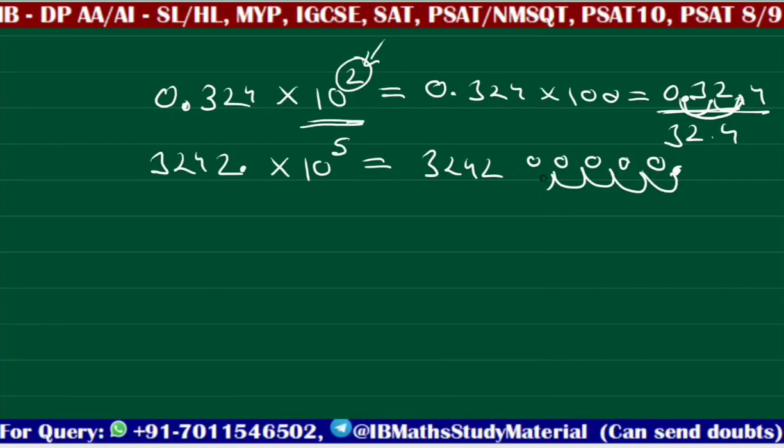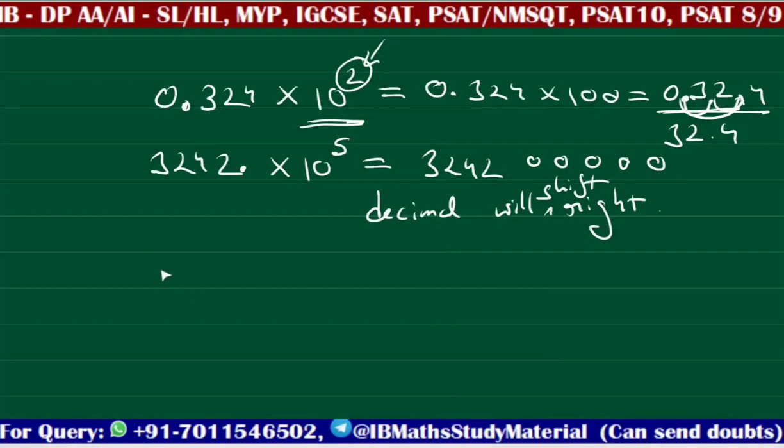So my answer will be 304200000. It means when we are multiplying with a positive power, the decimal will shift right.